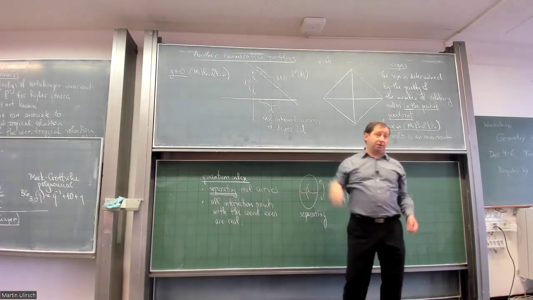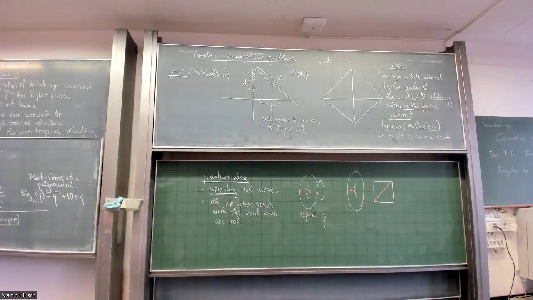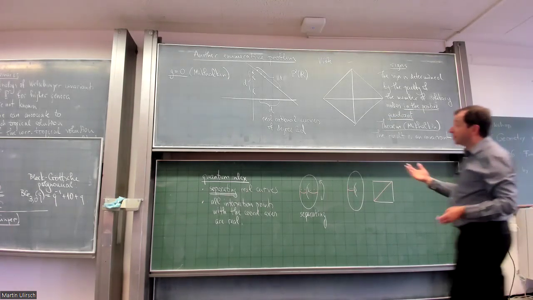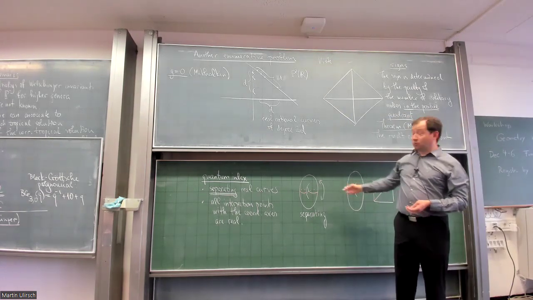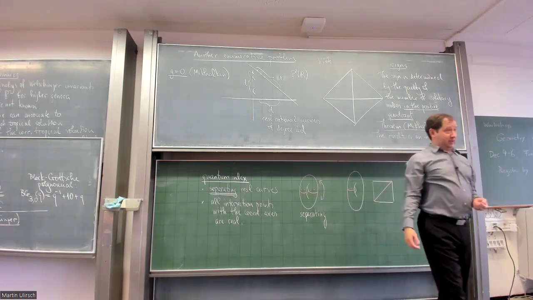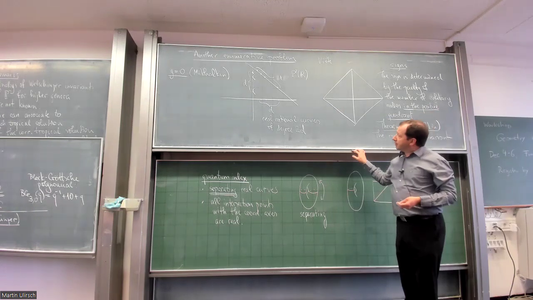They're automatically separating: a rational curve with non-empty real part is automatically separating, because we are speaking about a sphere with a non-empty fixed locus of such an anti-holomorphic involution. So our curves are automatically separating.